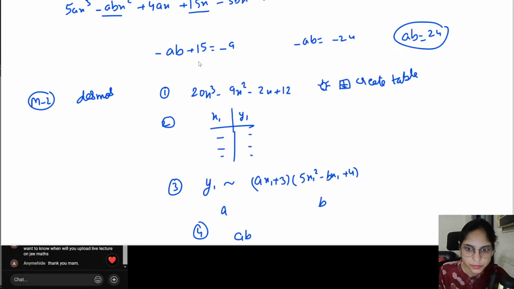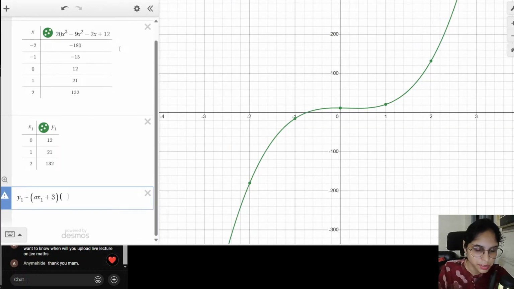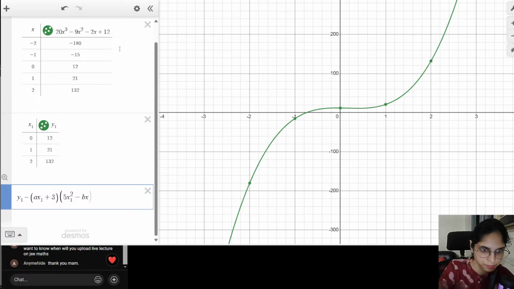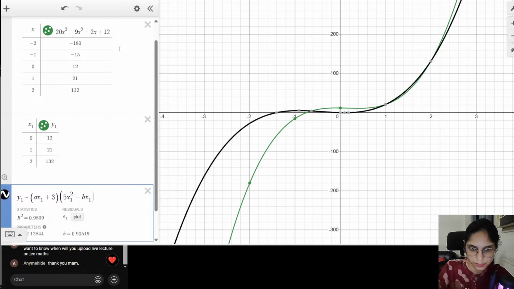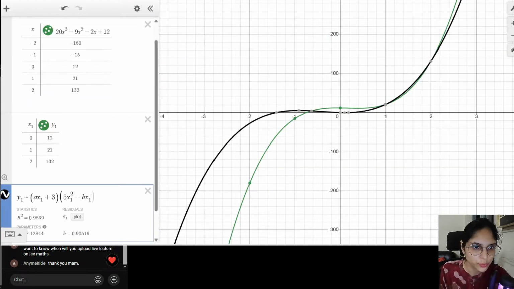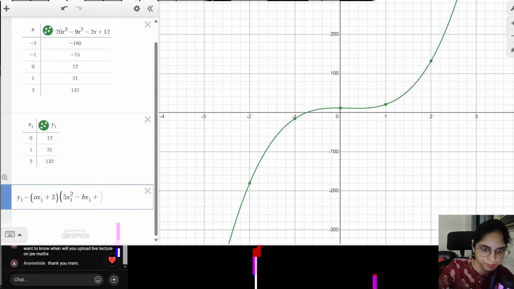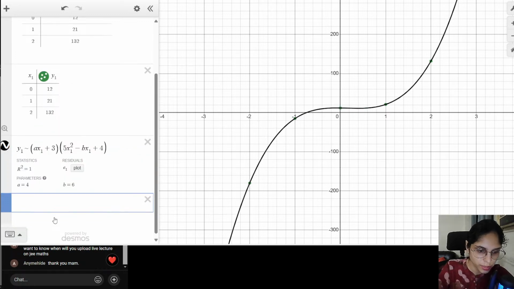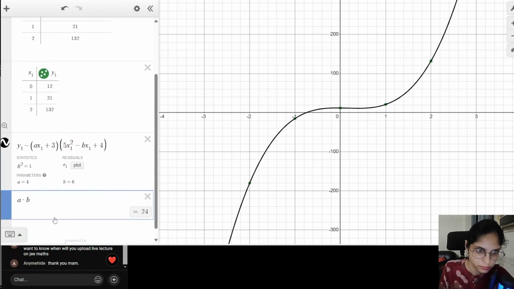And then 5x1 squared minus bx1 plus 4. You have got a and b, just do a times b. Answer is 24.